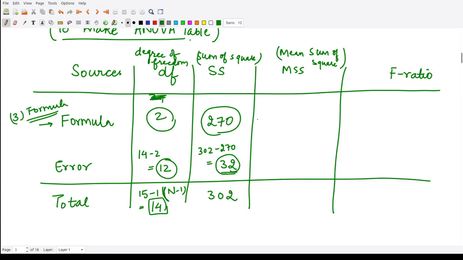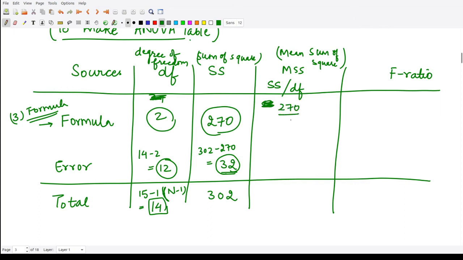Next we are to calculate the mean sum of squares. So how do you obtain the mean sum of squares? It is obtained when you divide SS by degrees of freedom. So in this case, what is the value of SS? It is 270.